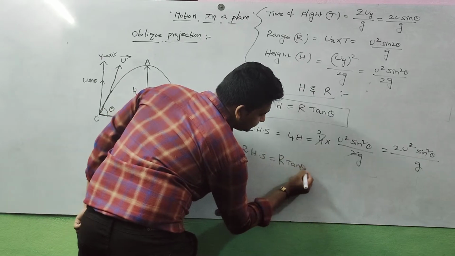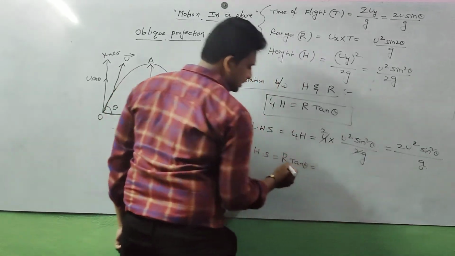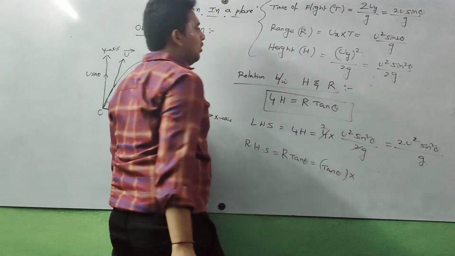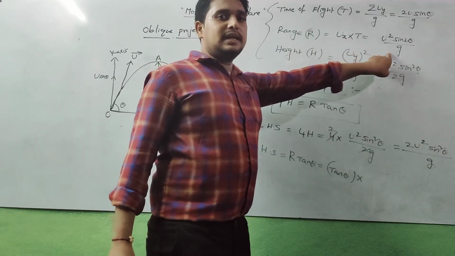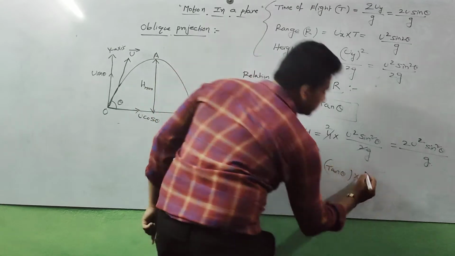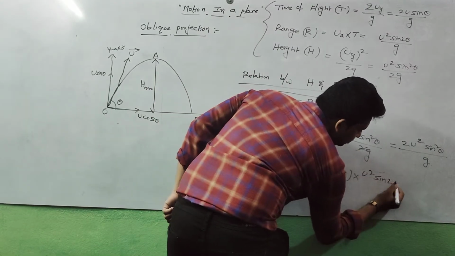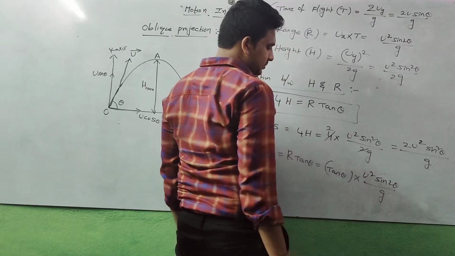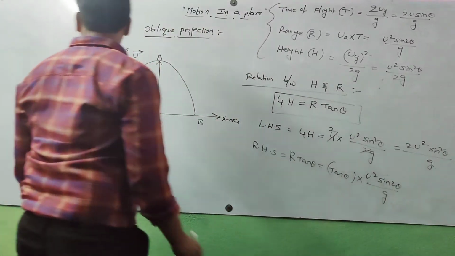What do we get for R? U square sin 2 theta by g.